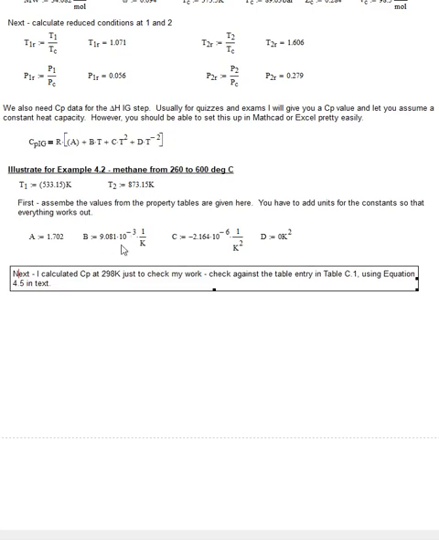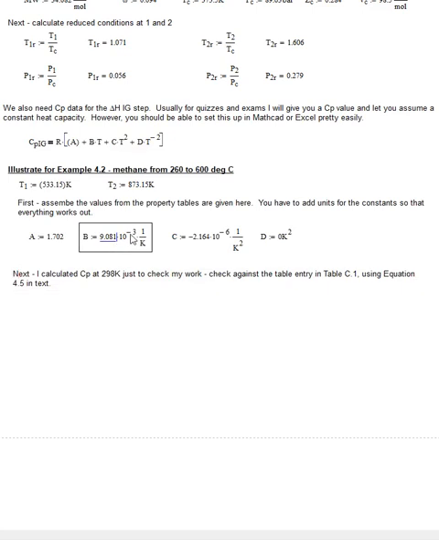The other thing to make sure you're careful about is the exponents. Look over the values in the table, and make sure that you put the right exponents. Here for methane, we have B and C, so we have the exponents here. D is equal to 0 for this particular compound, so there are no units here. But in our hydrogen sulfide, we'll have C equals 0 and D equals something, and so we'll cover that.